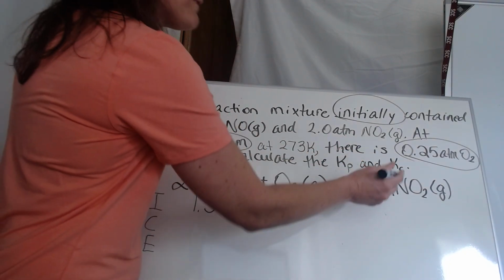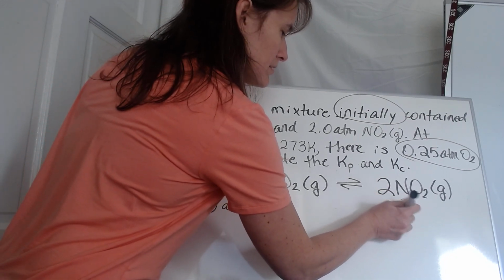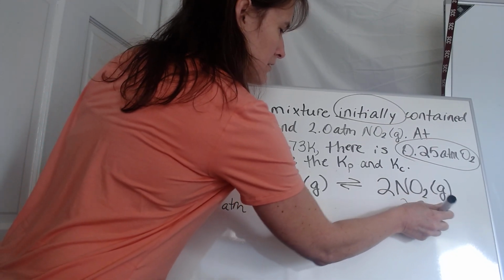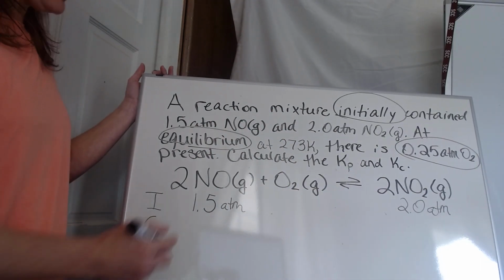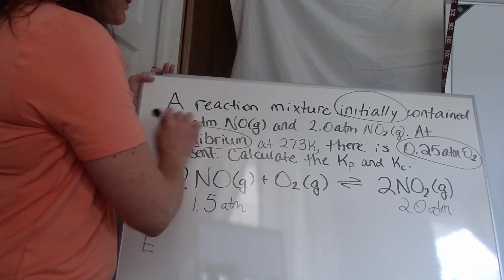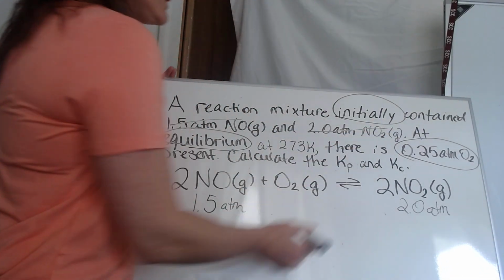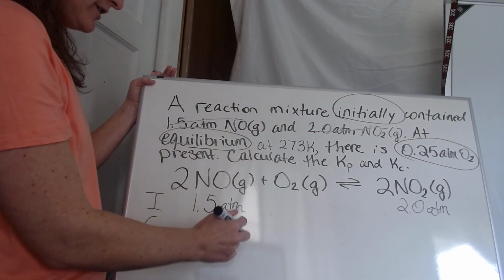And then we have 2.0, and that's for NO2. Okay, so that gives us our initial. So we've got that quantity done and this quantity done. And then at equilibrium, there's 0.25 atmospheres of oxygen.